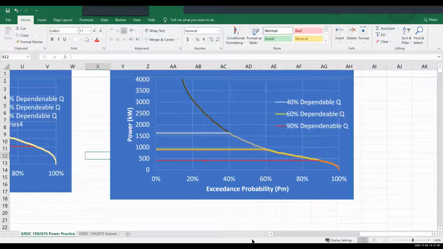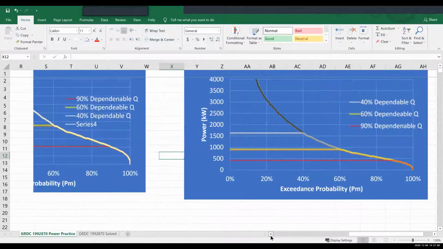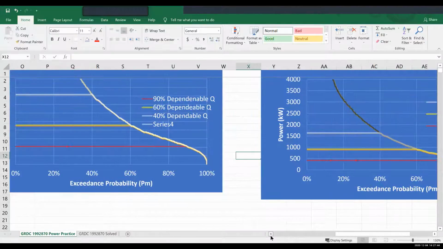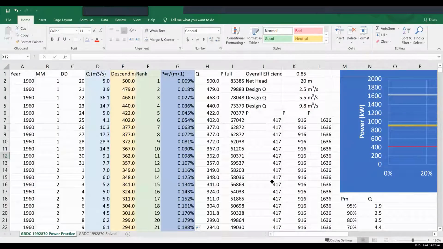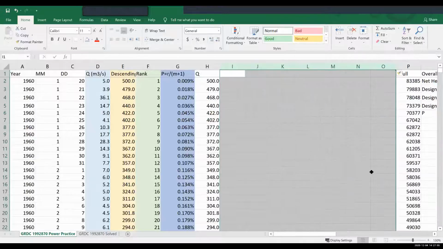I had already calculated the power duration. But what I will do here is I will just insert.